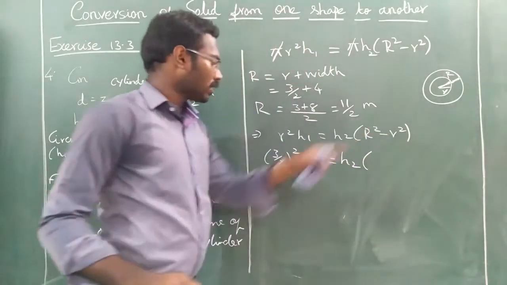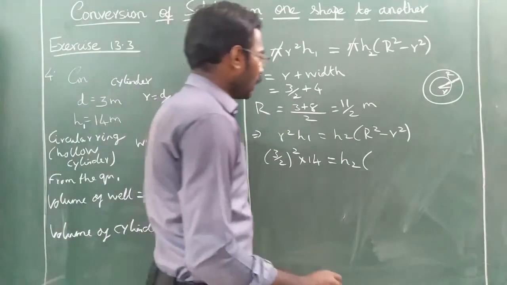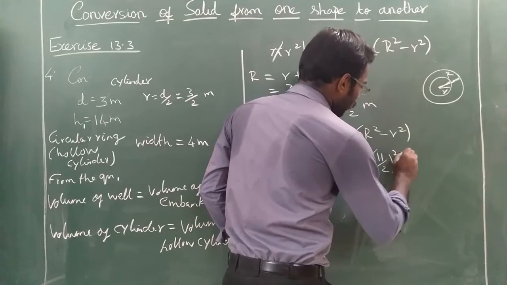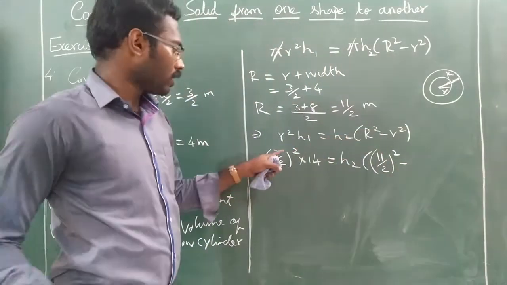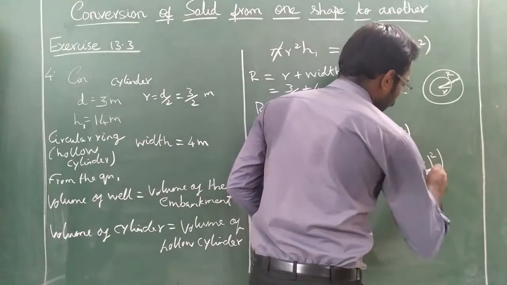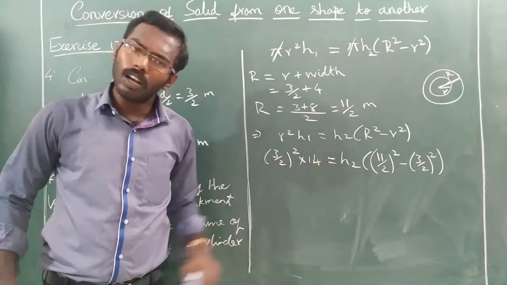Then capital R square, capital R is 11 by 2. So 11 by 2 the whole square minus small r square. Small r is 3 by 2 the whole square. We have to solve this. If we solve this, we will get the unknown value h.